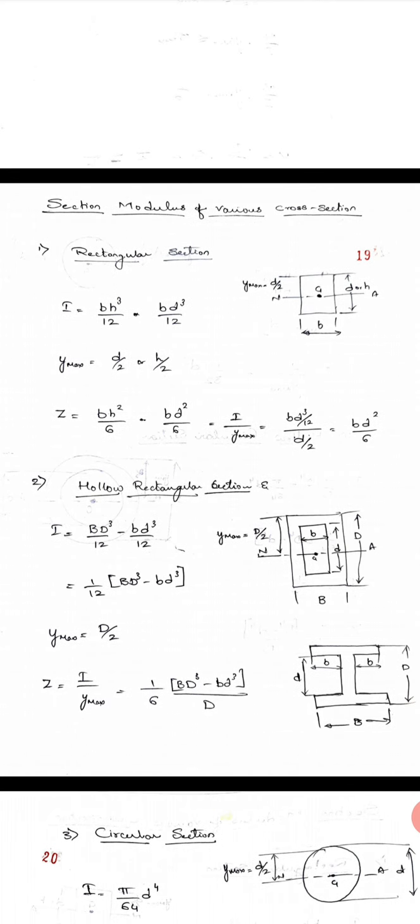Then the formula for moment of inertia I is bh cube by 12, or also bd cube by 12. Then y max, maximum distance from the neutral axis, is half the depth, half the height, d by 2 or h by 2.